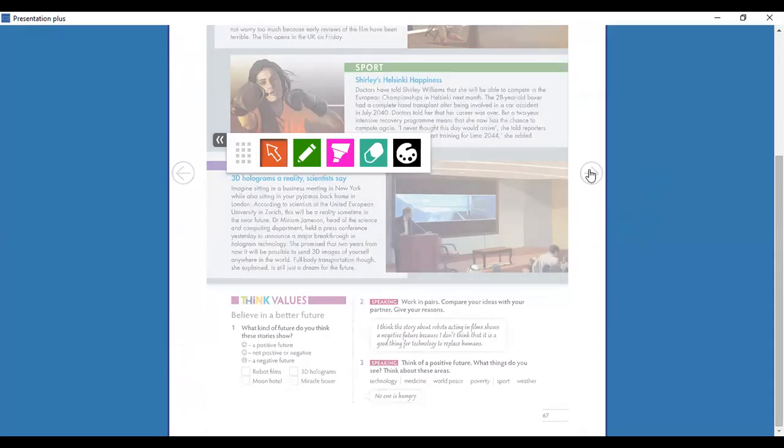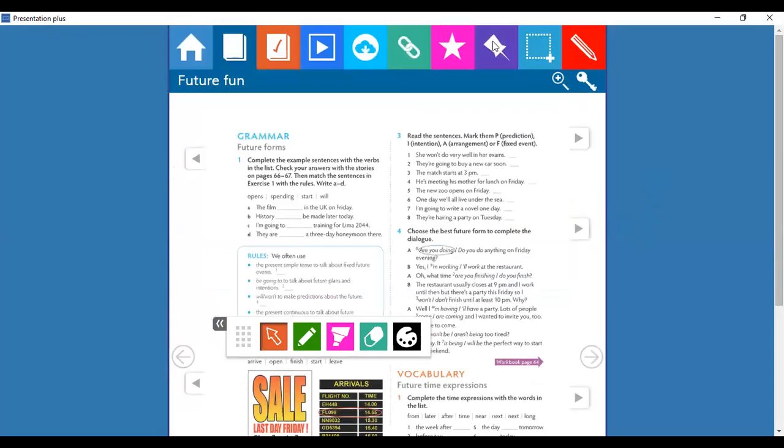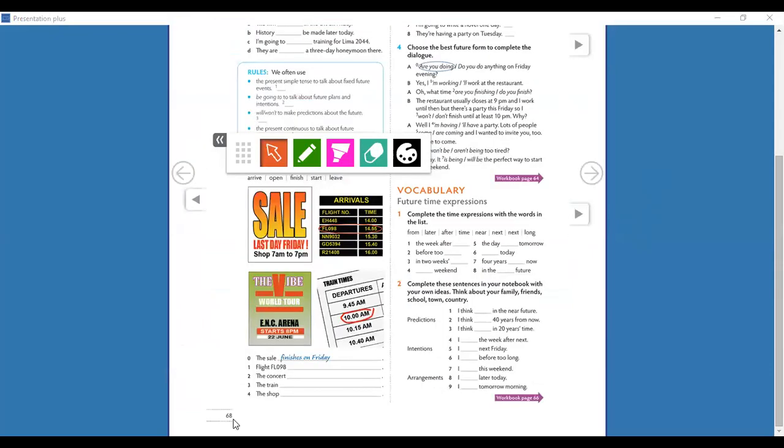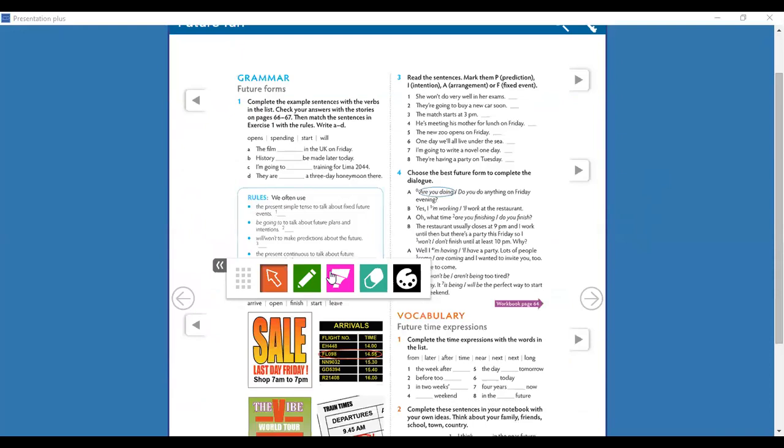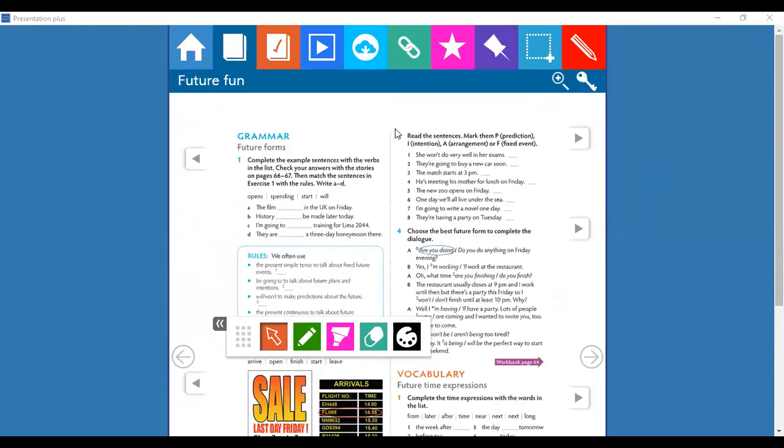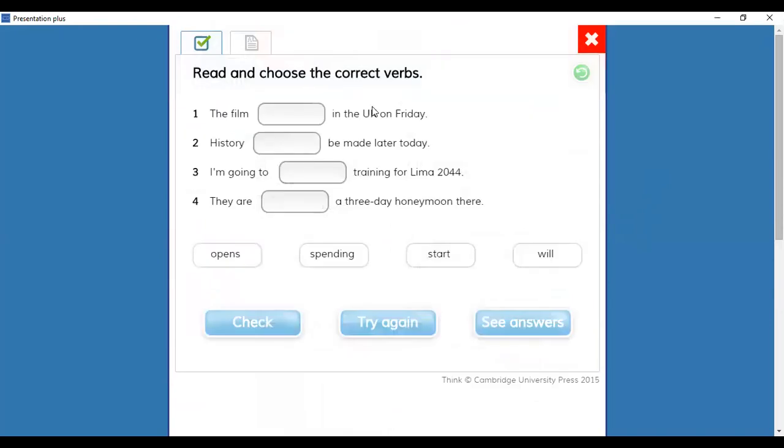And I'll go to page number 68. Remember that you have the book in digital. Okay, so what we have here, choose the correct verb. And obviously all of them are in the future. And we have to decide which one are we using.